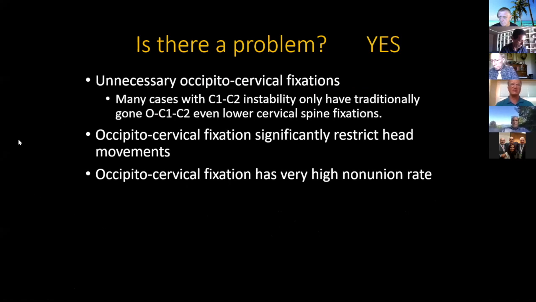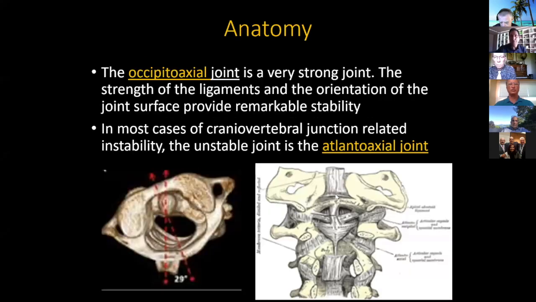Many cases with C1, C2 instability have traditionally gone occiput, C1, C2, even lower cervical spine fixations. However, occipitocervical fixation significantly restricts head movements, and it has quite well-known complications. One of them is the high non-union rate.